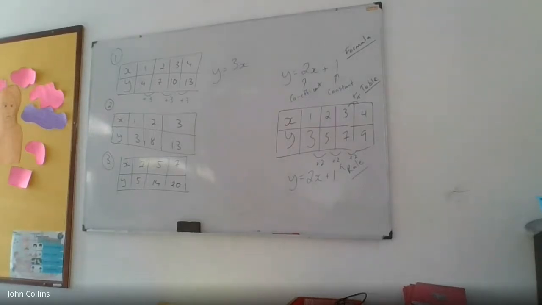What is that? 3x plus 1 then? Yeah, so 3x. 4 times 3 is what? So right now, writing 3x.